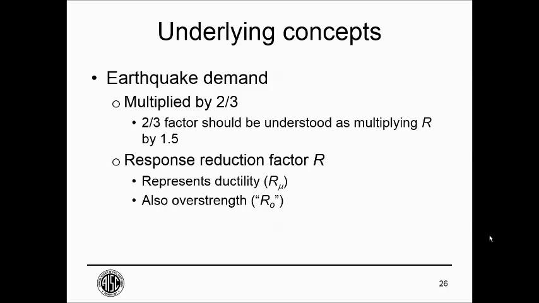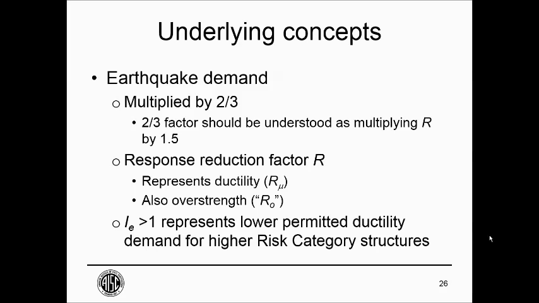We design for a base shear of 100 kips, let's say, but we would be surprised if we saw significant yielding at 100 kips. We don't expect to see any significant yielding until maybe 150% or more of that design base shear. So that overstrength is reflected in the R factor. Some of the systems have high overstrength, some have low overstrength, some have high ductility, some have low ductility, and it's the combination of the two that really gives us the R factor.